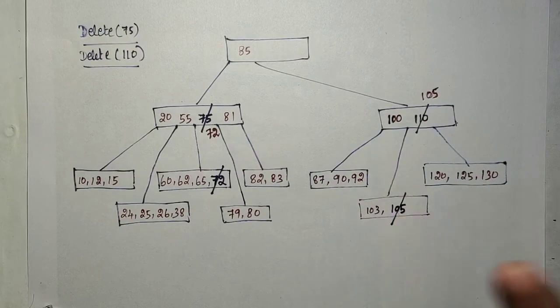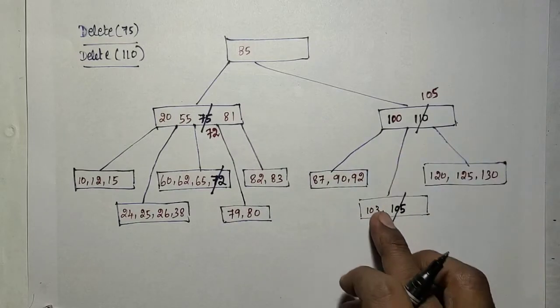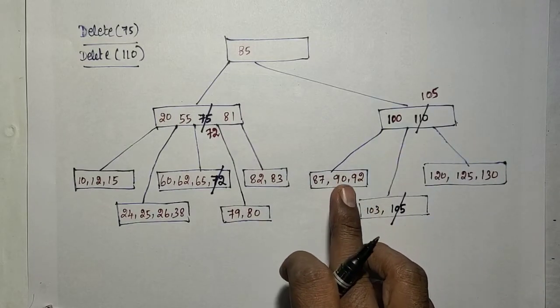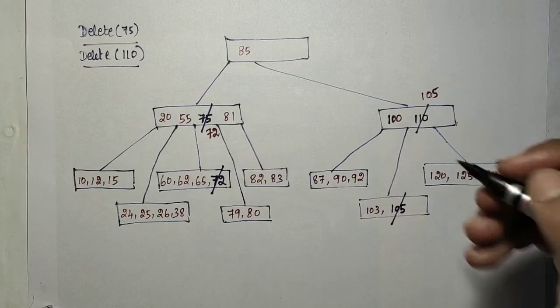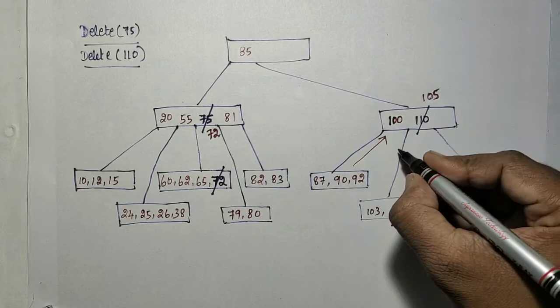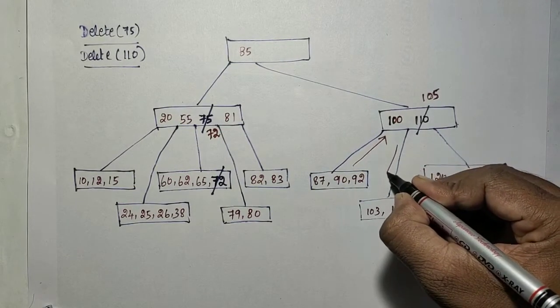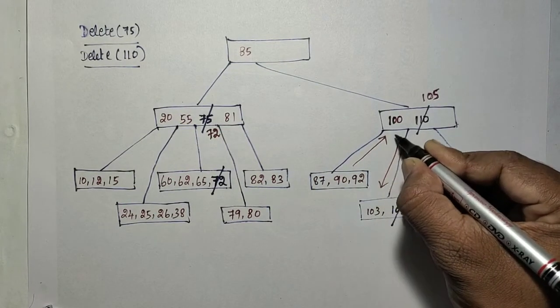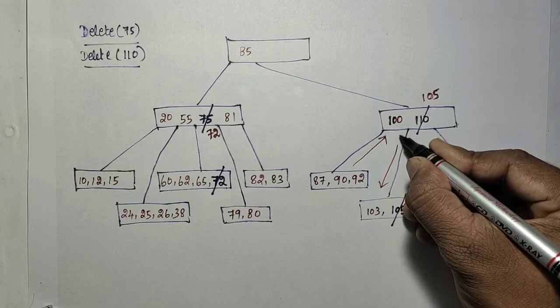When a leaf node goes underflow, the procedure is to get an element from the left or right sibling, or merge. Here, checking the left sibling, it is able to give one element. So one element is moved here, and the parent element is moved down: 92 will be moved there and 100 will be moved down.